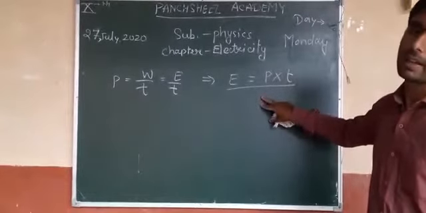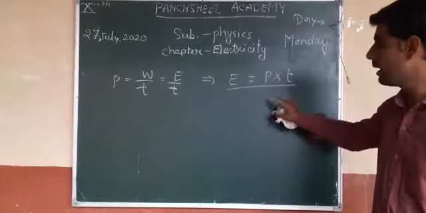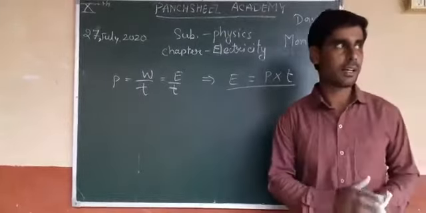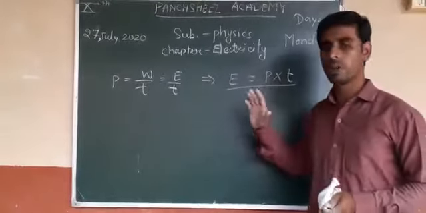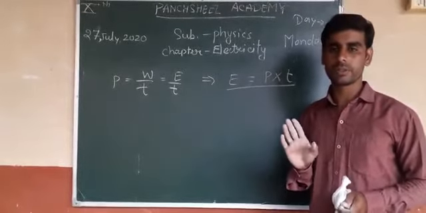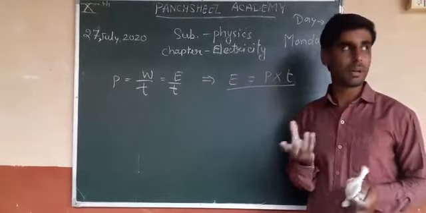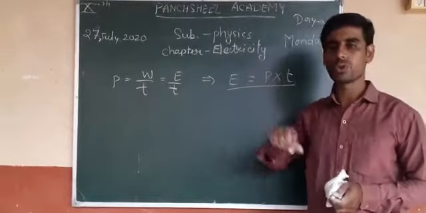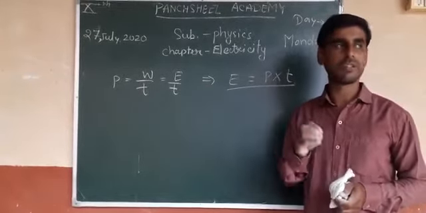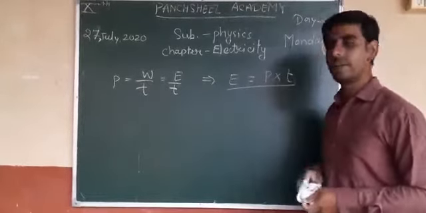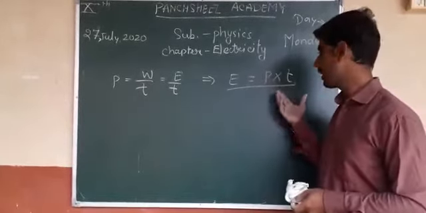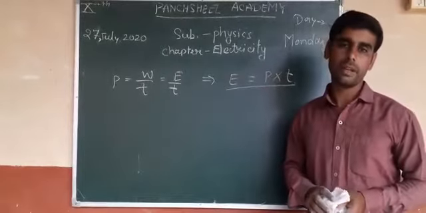This energy is consumed by the electrical appliances, and the time factor is very important: for 1 hour, 2 hours, 6 hours, for what time period the bulb is switched on or the fan is on, our refrigerator is on. So it depends on time and energy will be consumed.